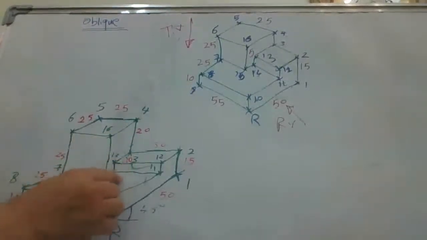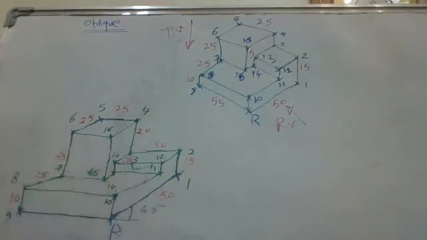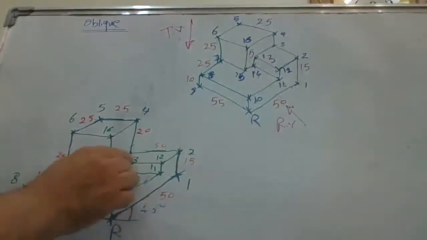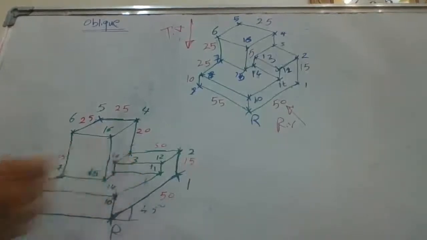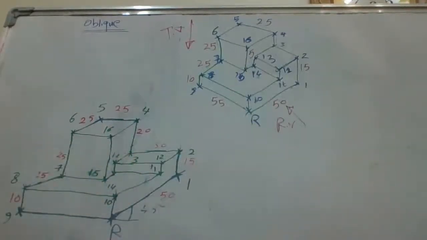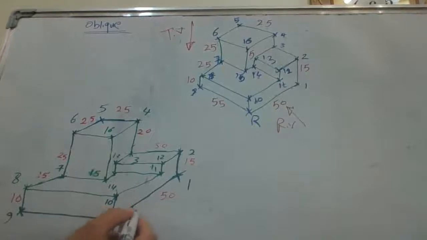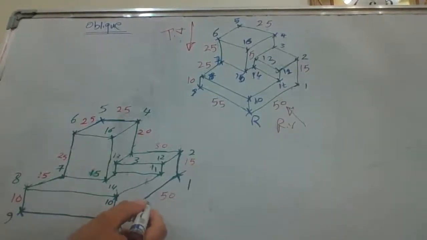Okay, now we can specify the length in a proper way. Let us write here. Now for 45, we can draw here the angle, 45 degrees.